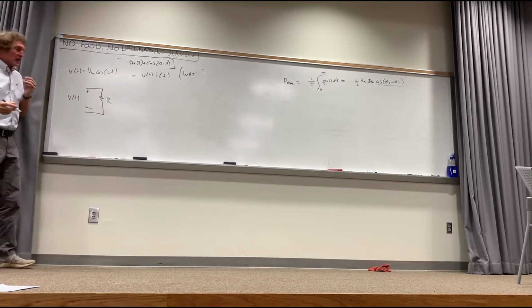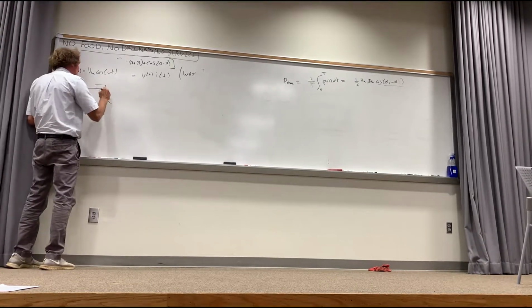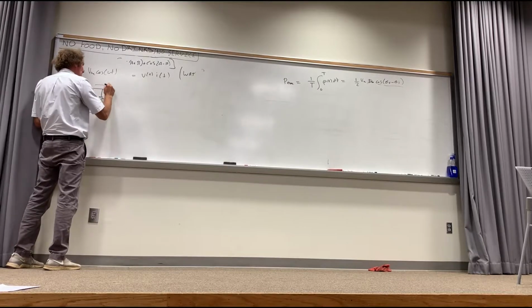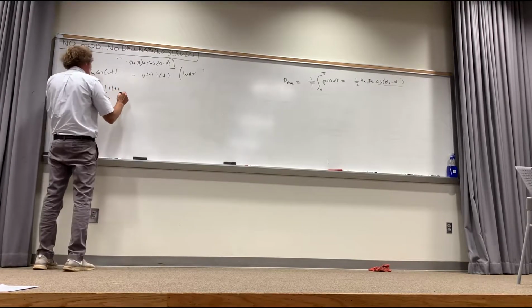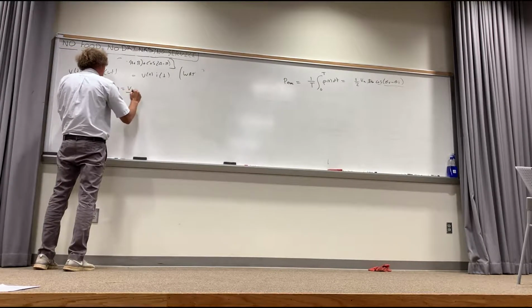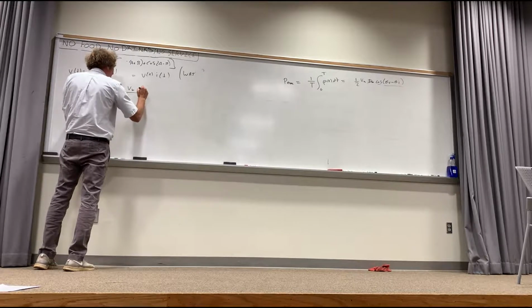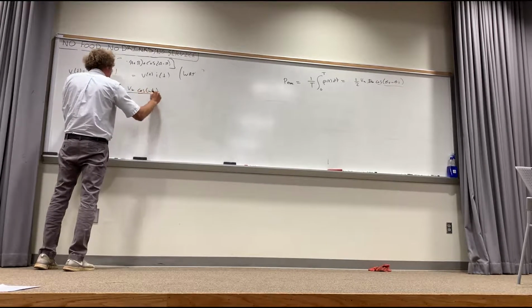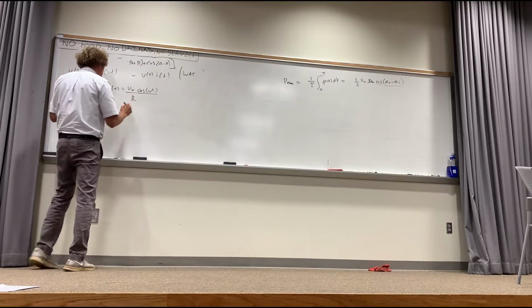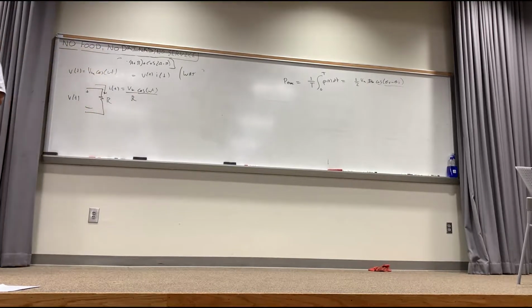Are you with me? That's going to give rise to a time varying current. If that's V of t, i of t here will be that value, Vm, times cosine of omega t, divided by the resistance. Does everybody follow me? There's no time delay. You give me a value of voltage, I'll give you the value of current.